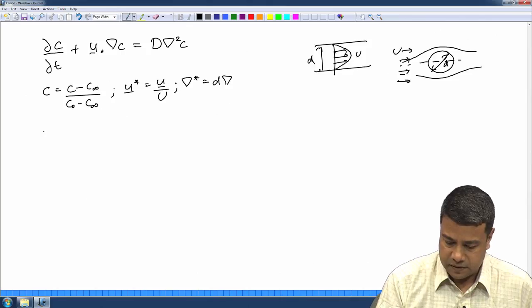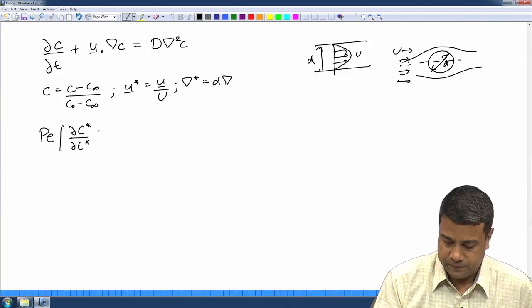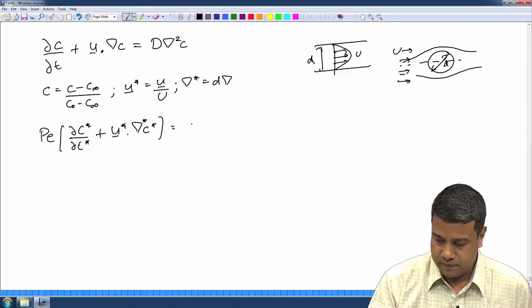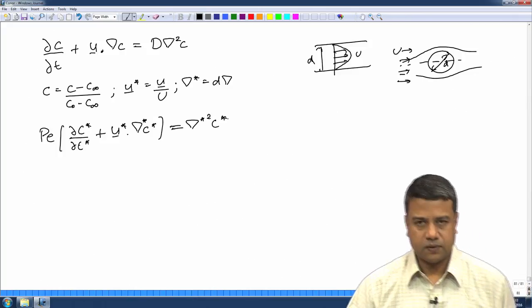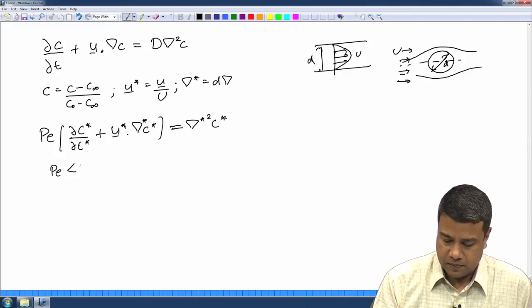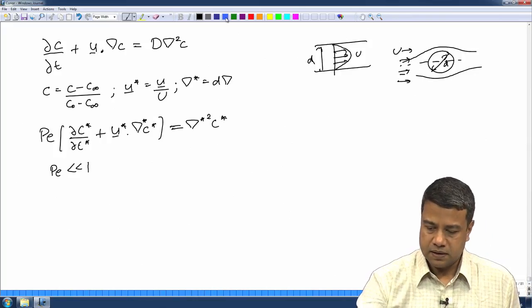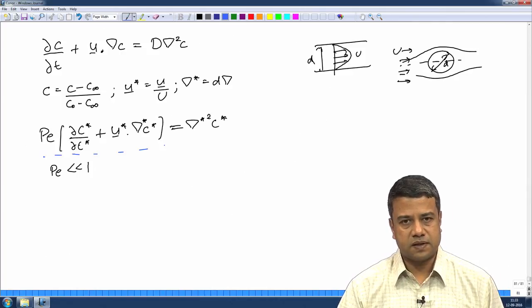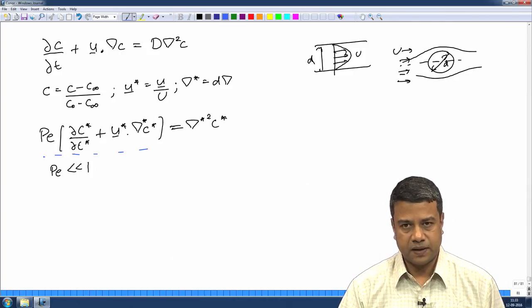I will get an equation of the form the Peclet number times partial c by partial t, and when the Peclet number is small compared to 1, this left side is small compared to the right side.